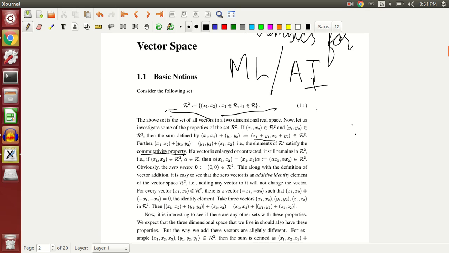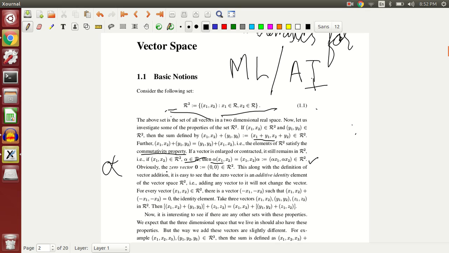If a vector is enlarged or contracted, meaning the scaling property, you have something called alpha, which belongs to the real line. So this is a scalar quantity, and this is the scalar multiplication of the vector. The scalar multiplication of the vector is also part of R2, as a result of which scalar multiplication is valid under vector spaces.